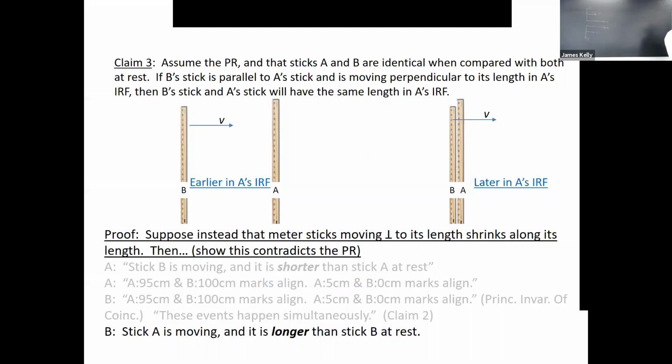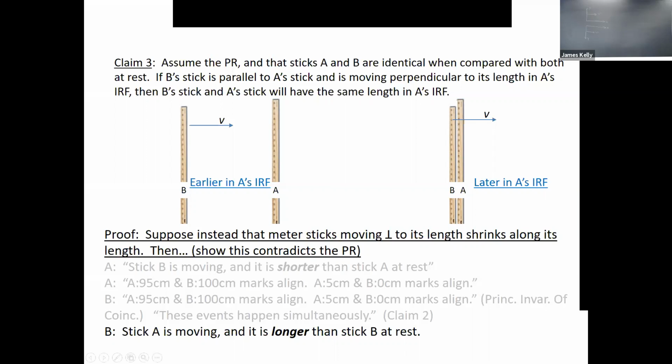So I'm comparing what B would say in part D to the statement that A made at the very top of this list of statements. A says B's stick is moving and it's shorter than the one at rest. B says A's stick is moving and it's longer than the one at rest, and they're identical sticks, and they're both moving in the same way. We worked very hard to establish that they were both parallel and moving perpendicular to their length.